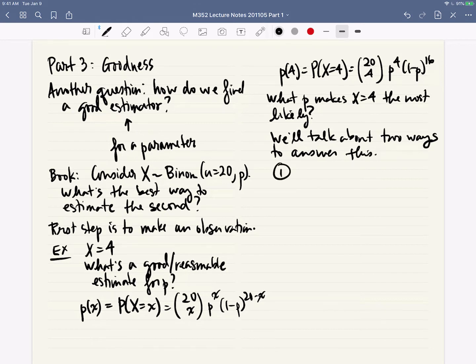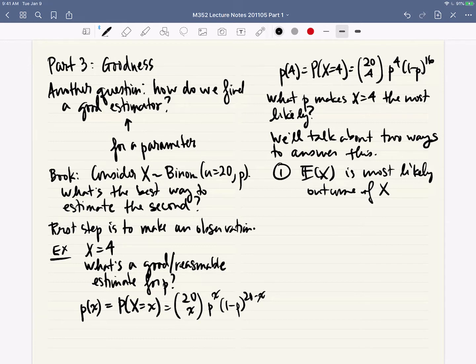So the first way is by using the expected value of x. Remember, the expected value of x is the most likely outcome of x. So it's reasonable for us to assume that if we saw the outcome x equals 4, we can say that was the most likely outcome, x equals 4.